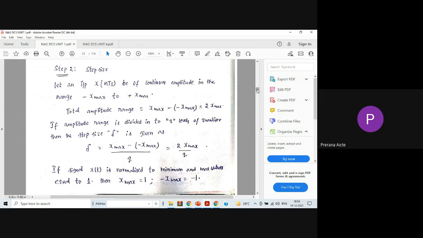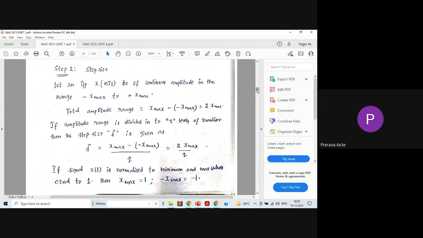After that I have discussed differential pulse code modulation. Why are we going for differential pulse code modulation? To avoid the redundancy which is there in PCM. Because many samples carry the same information, we can remove those samples and send the required number of samples, so that we can reduce the bit rate and the bandwidth.